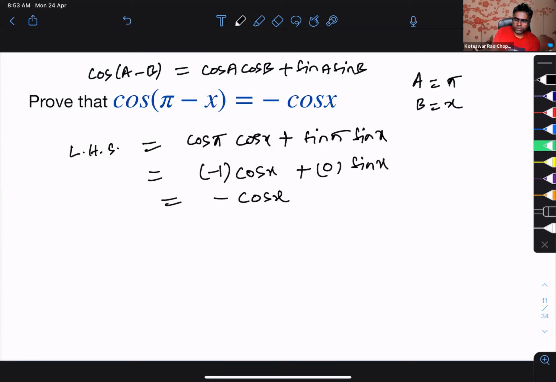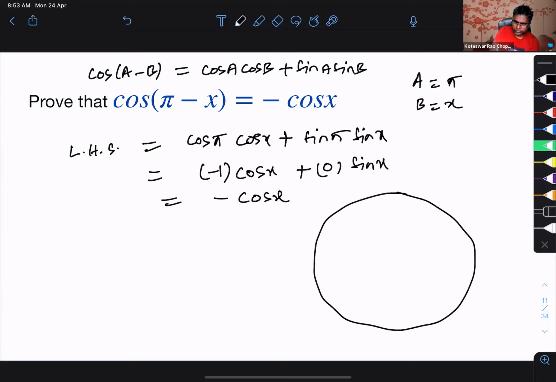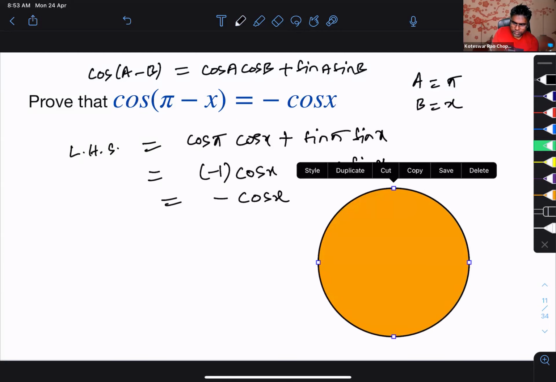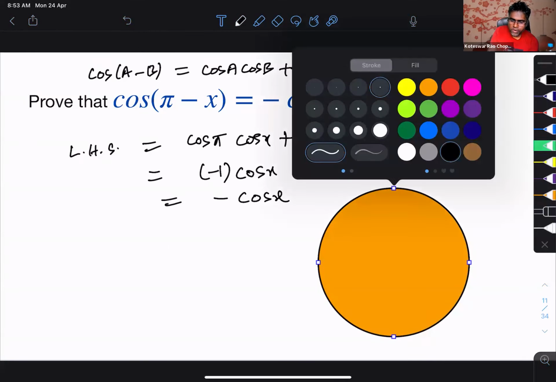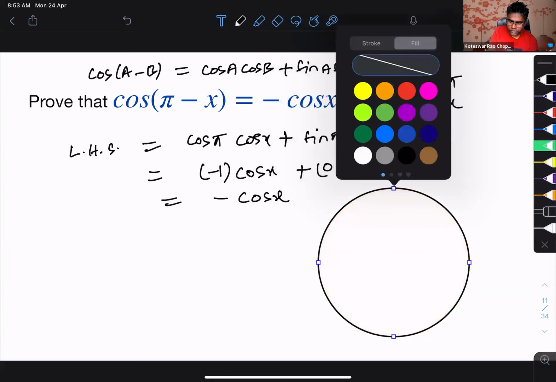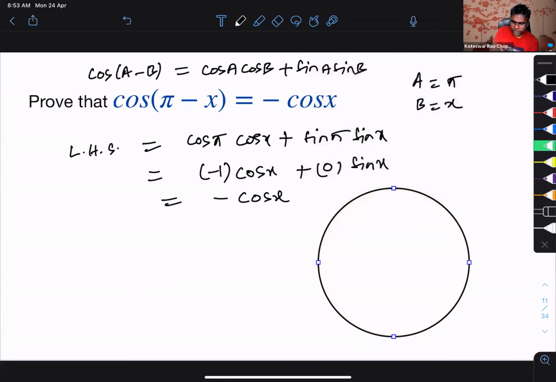But if you think in terms of the unit circle, you can clearly see what is going on. Let's put the unit circle and then understand. This time let me remove this fill. If I take the unit circle, OX, now pi radian.